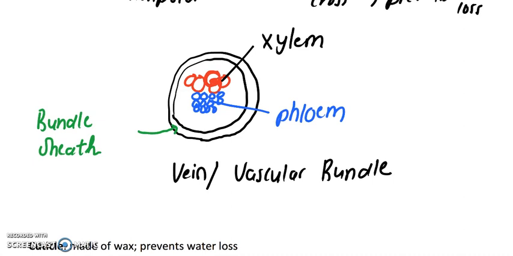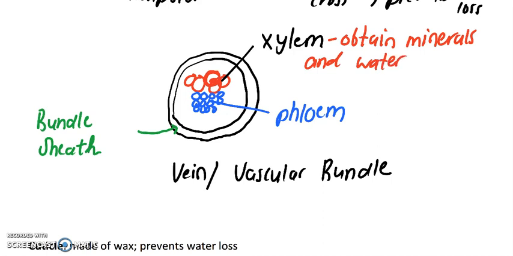Now your xylem is going to obtain minerals and water from the roots of the plant. The phloem, the products that photosynthesis makes, one of them is glucose.